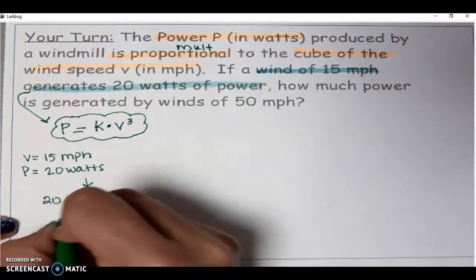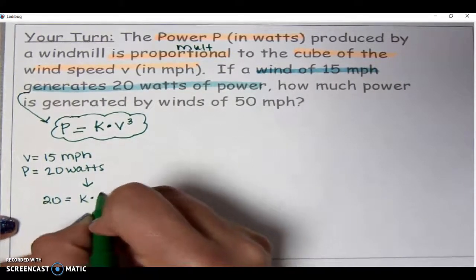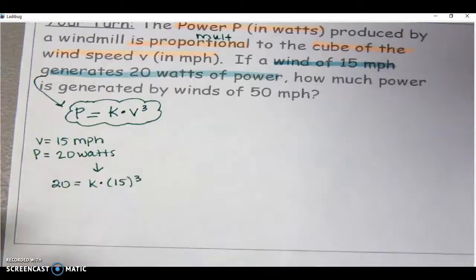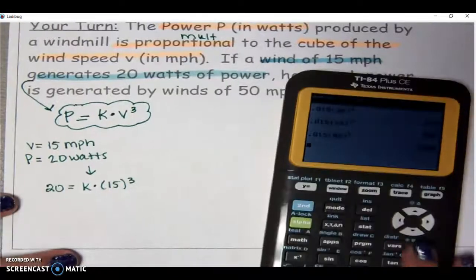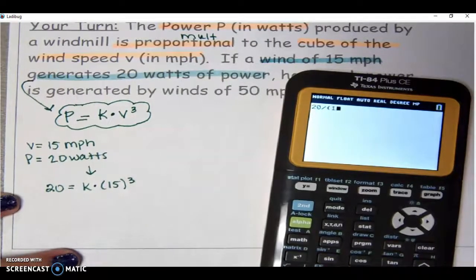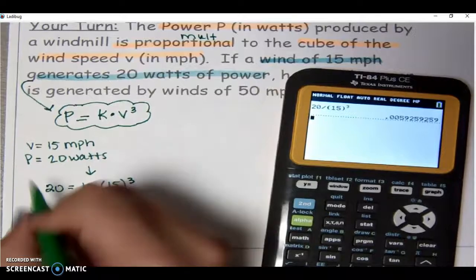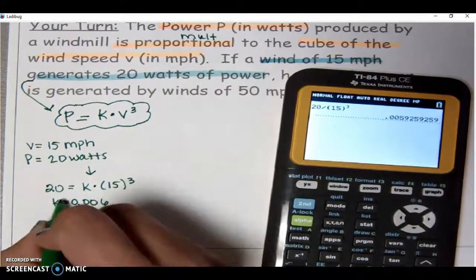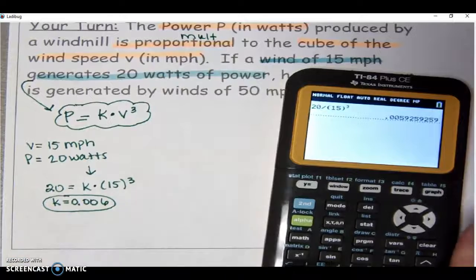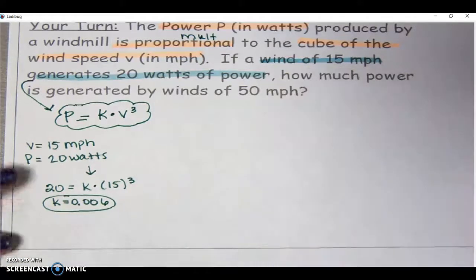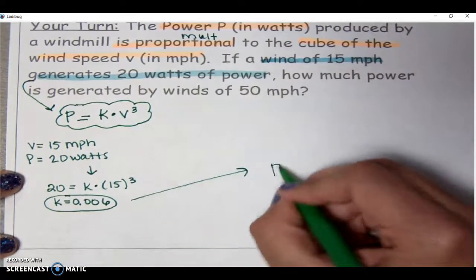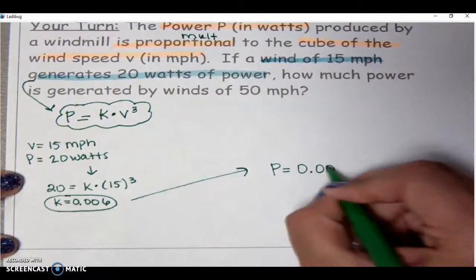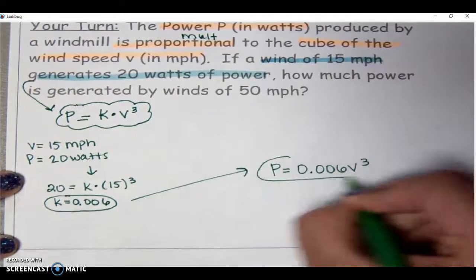We plug in P and plug in V, and we can figure out k by dividing. So k should be 0.006. Once you've figured out k, now we have our new equation, P equals 0.006 V to the third.